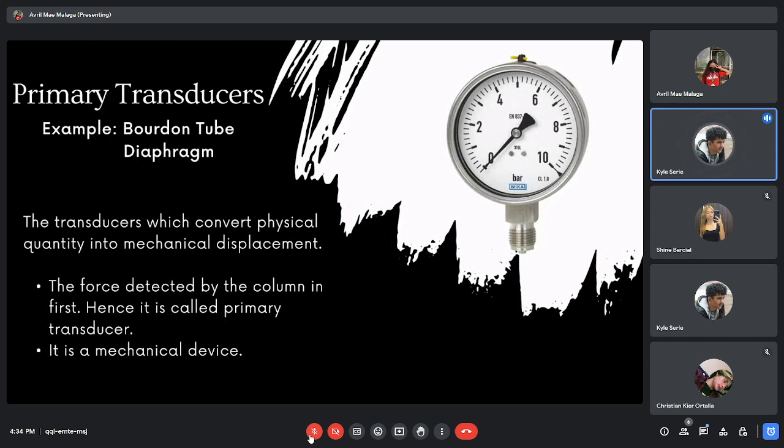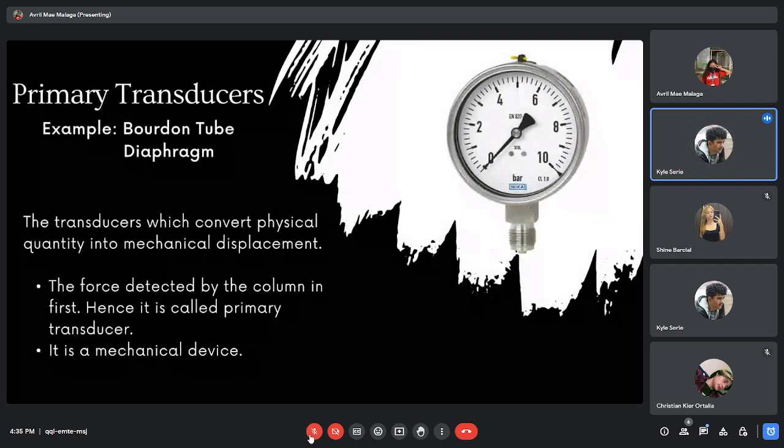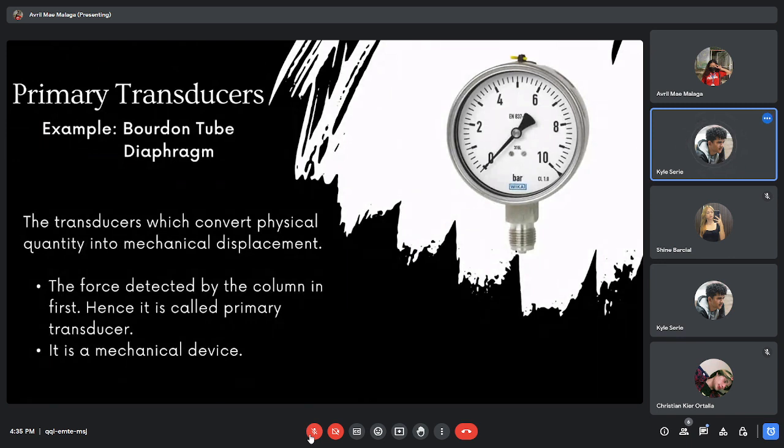Here are two examples of primary transducers: the Bourdon tube and the diaphragm. These transducers convert a physical quantity into mechanical displacement, and since the force is detected first, they are called primary transducers. It is a mechanical device.